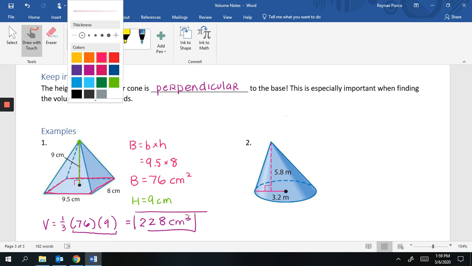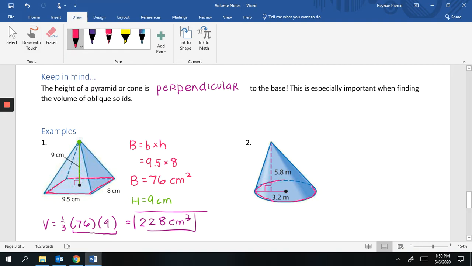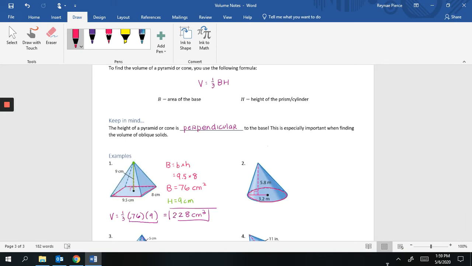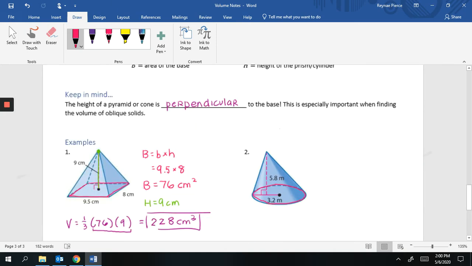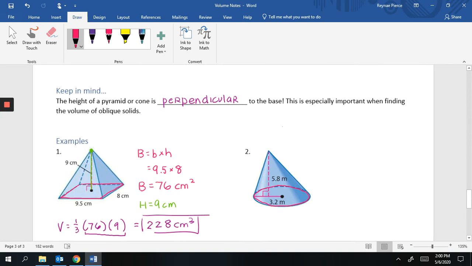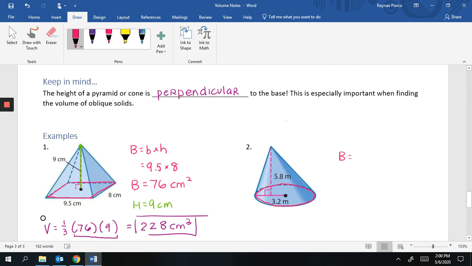Example number 2, we've got a cone. That base is a circle. So we're going to find a square, 3.2 squared.